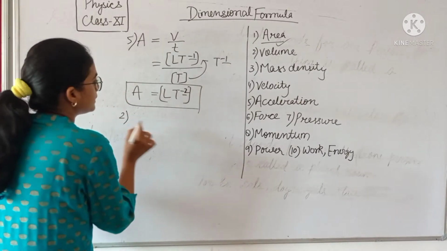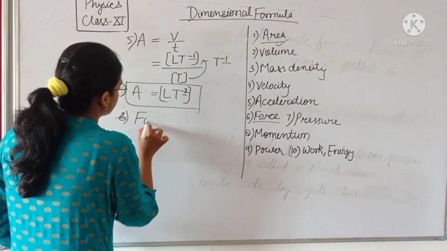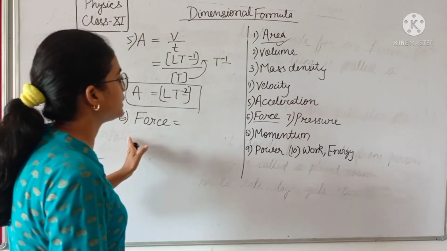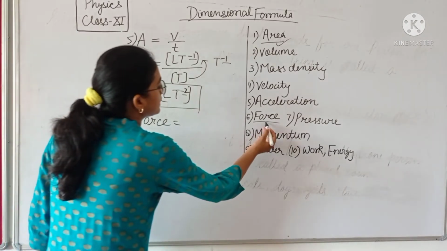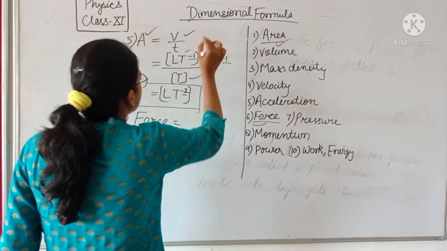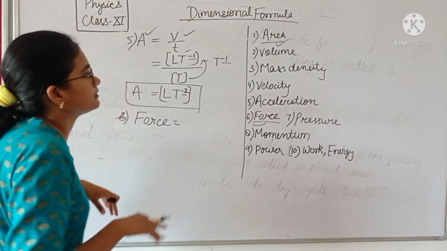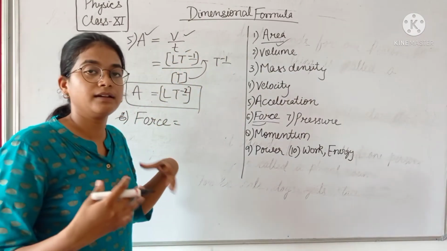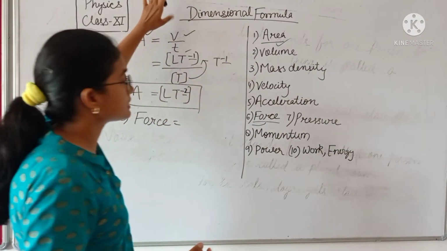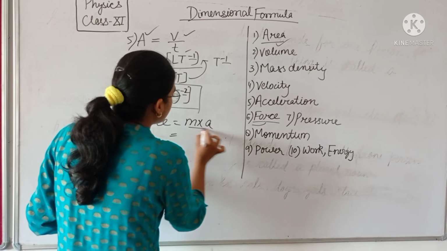The sixth one is force. For calculating the dimensional formula, you must know their formulas. Like acceleration is change in velocity upon time. Every physical quantity has its own formula, and we have to use them for calculating the dimensional formula. So force is m into a, mass into acceleration.